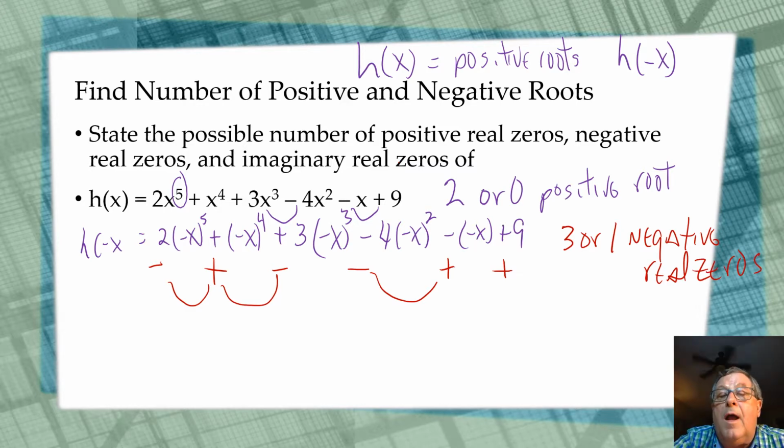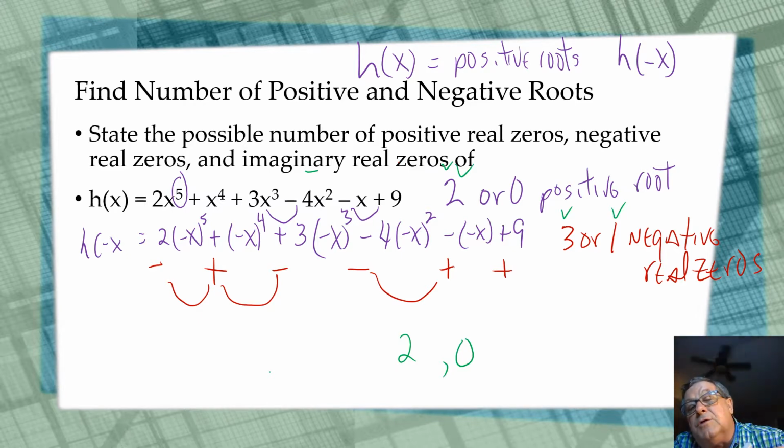All right, now let's think about what I have. I can have up to a total of 5 real zeros, right? Well, if I have 2 positive and 3 negative, that would be 5, and so I might have 0 imaginary. But what if I had 2 positive and only 1 negative? Well, 2 and 1 is 3, so there I might have 2 imaginary.